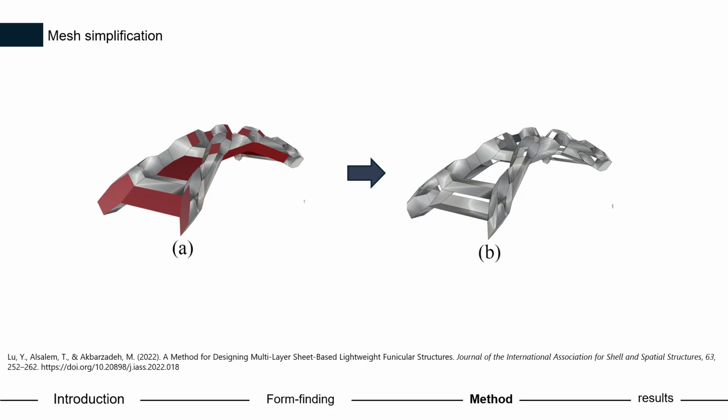In our case study, this led to a 42% reduction in material usage without compromising structural integrity. And this was really important for us because we also needed to preserve the load paths, because that's why we are using form finding methods like graphic statics.